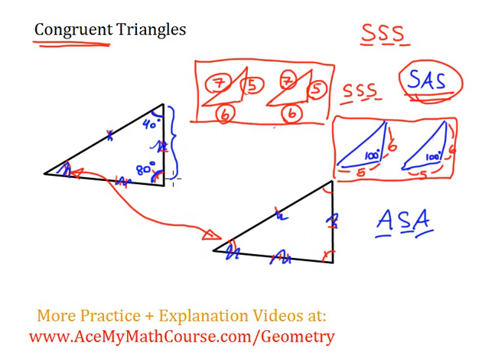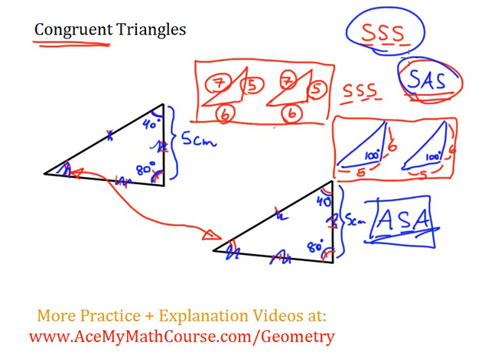And that this side, exactly in between the two angles that I told you about, measures 5 centimeters. And over here, we have 40 degrees as well, 80 degrees as well, and 5 centimeters. Are these two triangles congruent? Yes, yes they are, through angle, side, angle, ASA.